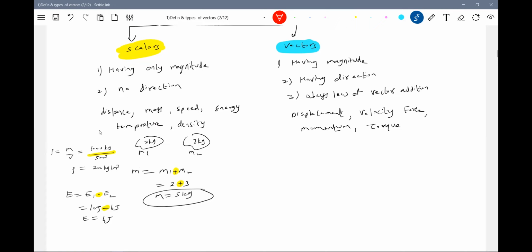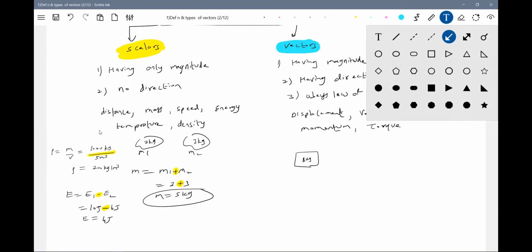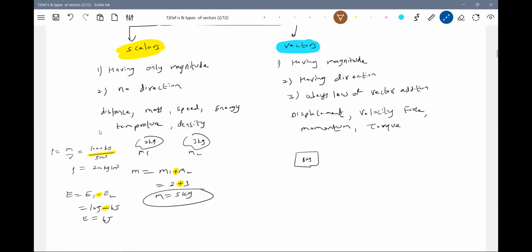Okay, we will take an example like this. Suppose I have a box, a block, or some bag, you put it. This will be much familiar for you. First I'll pull this with a force of, say, 12 Newton.